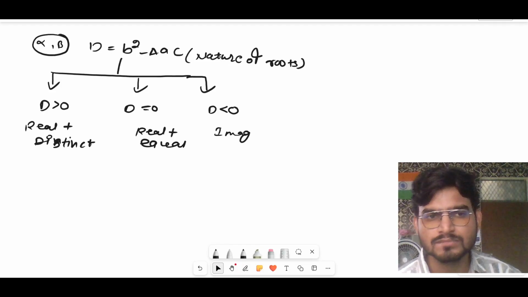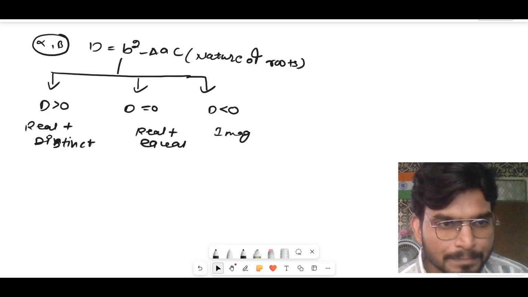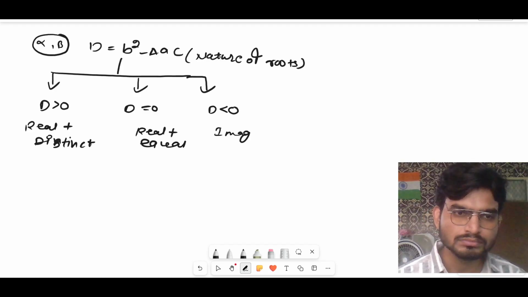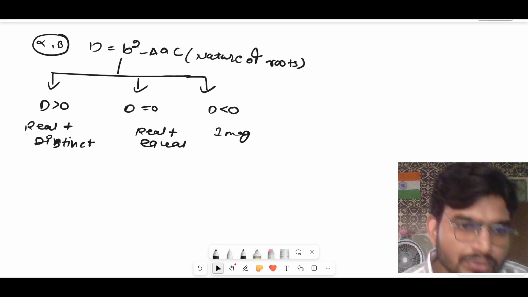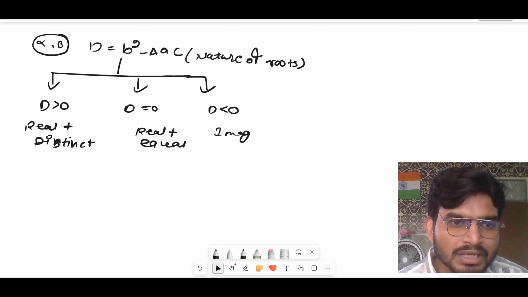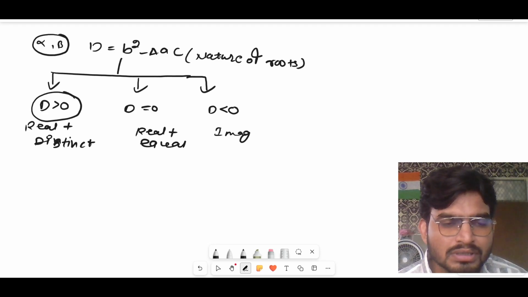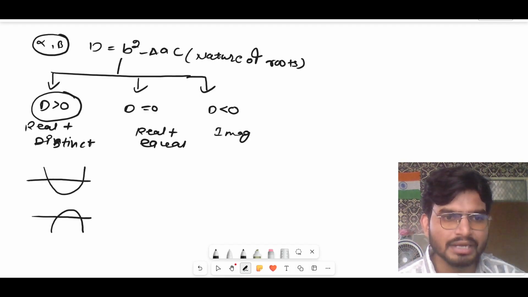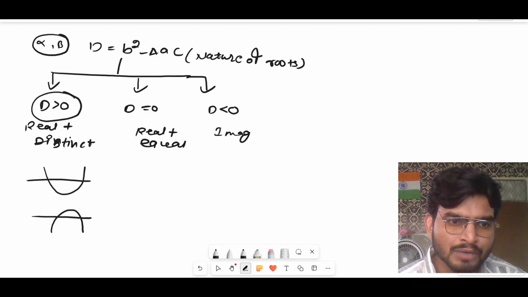Okay, so from here we can see the nature of the roots. We can also discuss the graph. If D is greater than 0, then the graph will be this type or this type, and the curve is upwards, which means a is positive.